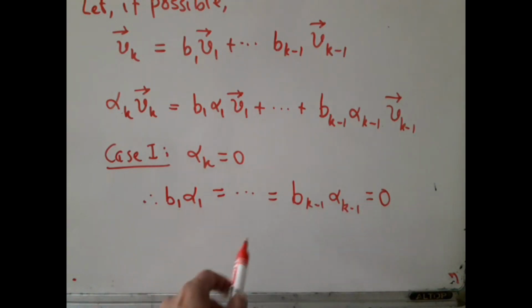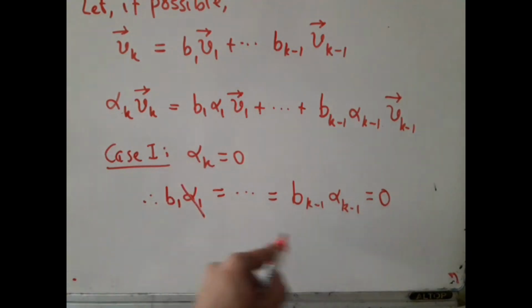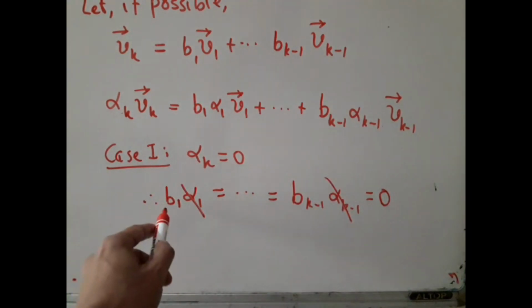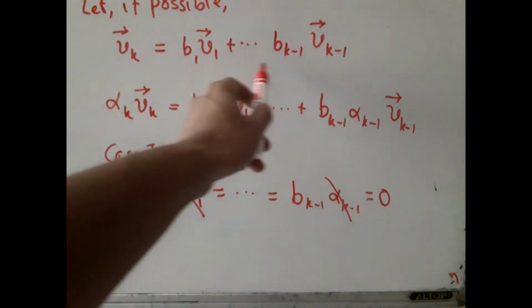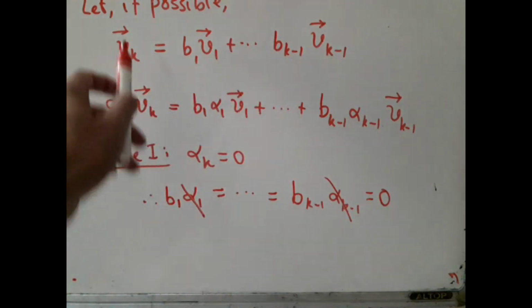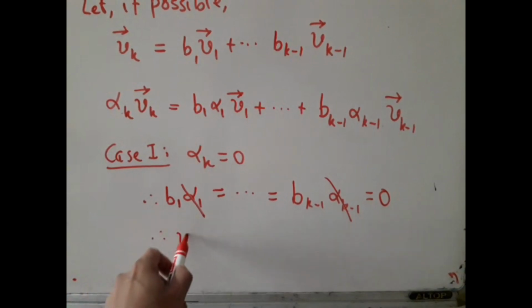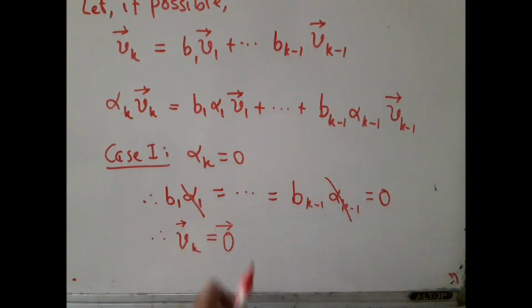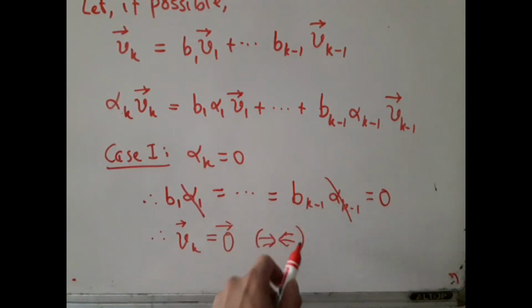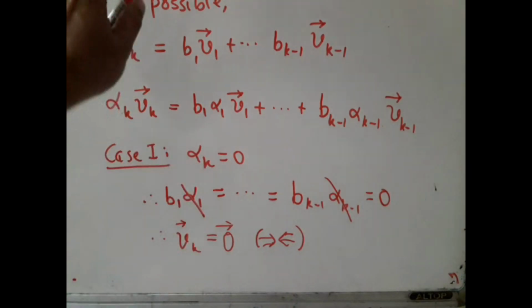So all these are non-zero, which means I can just cancel them off. I can say that B1 to Bk minus 1 are all 0, which means Vk is equal to the zero vector. That cannot be, because I know that it is an eigenvector and hence it cannot be a null vector. So we can see that case 1 finishes the contradiction.